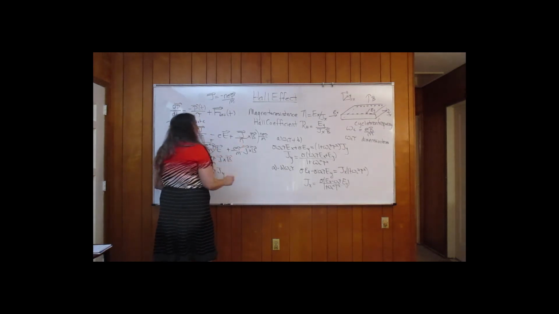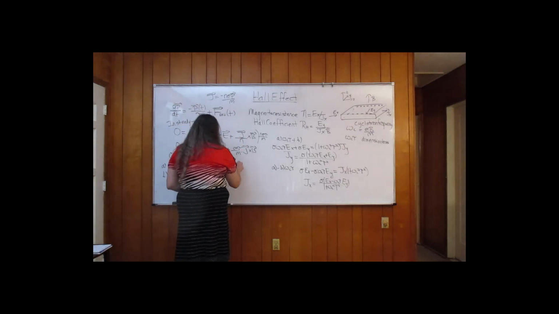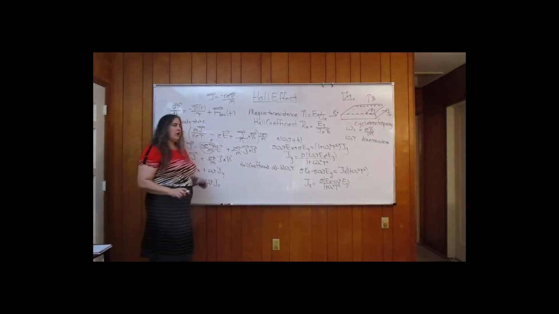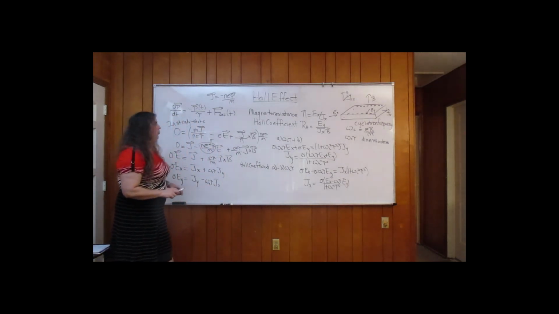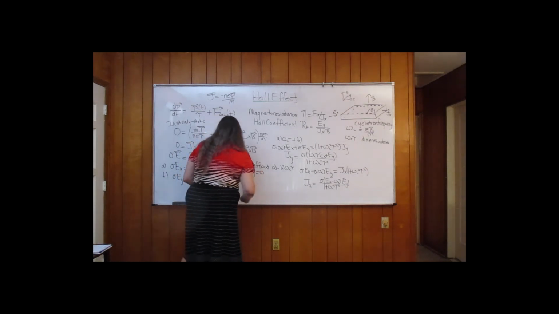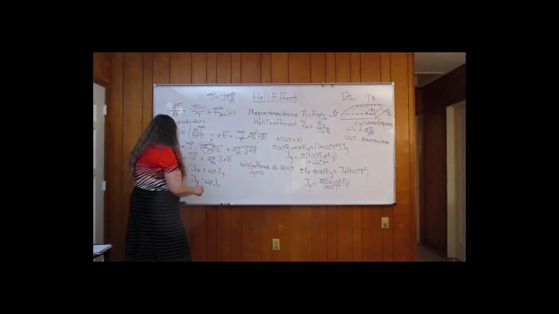So in order to calculate the Hall coefficient, remember that occurs when there's no more current flowing in the y direction. So j sub y is equal to 0.